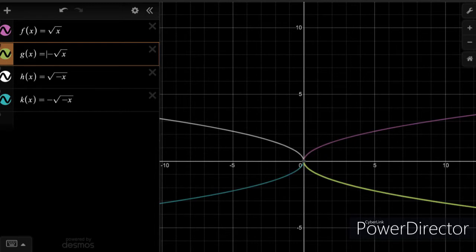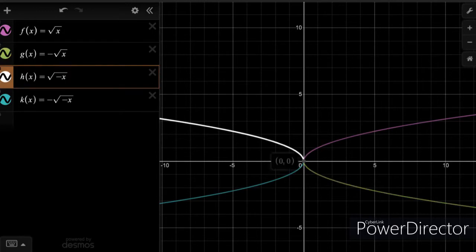Now what about replacing an x with a negative x? Well, one way to think about it is whenever you inputted 1 before, that would now be a negative 1 that you're trying to evaluate the principal root of. And we know that the principal root function is not defined for negative 1.